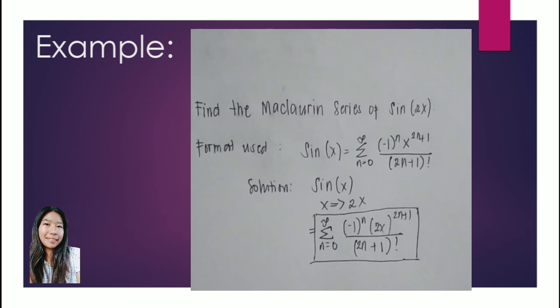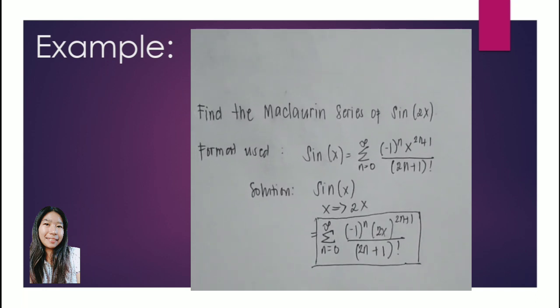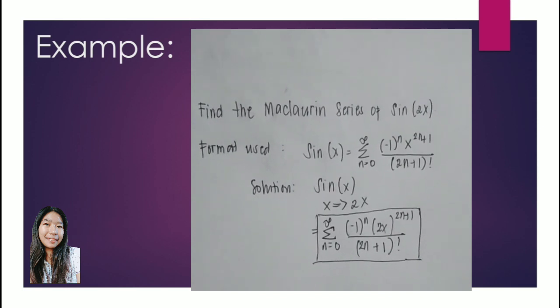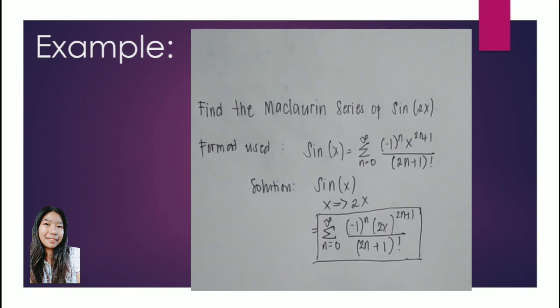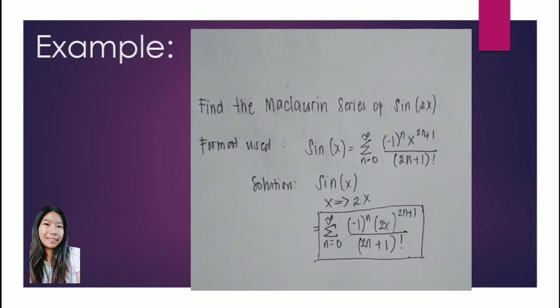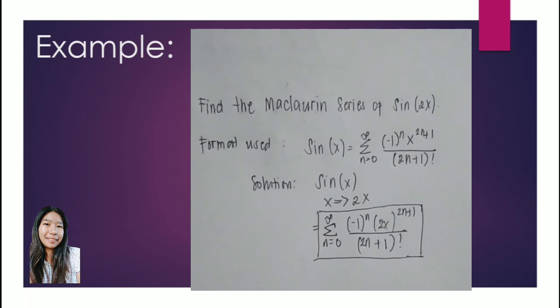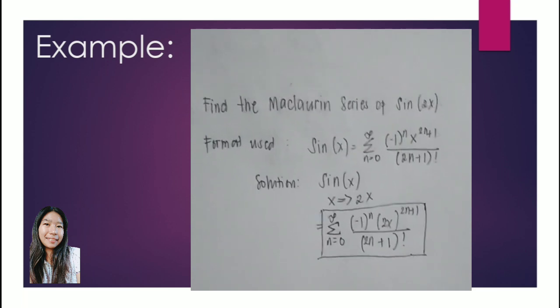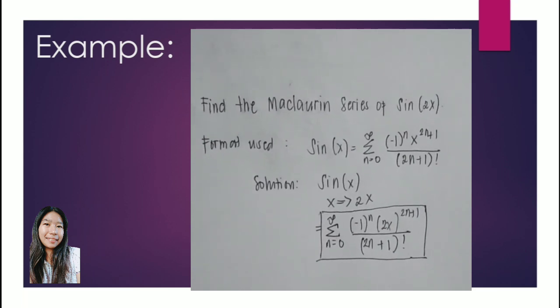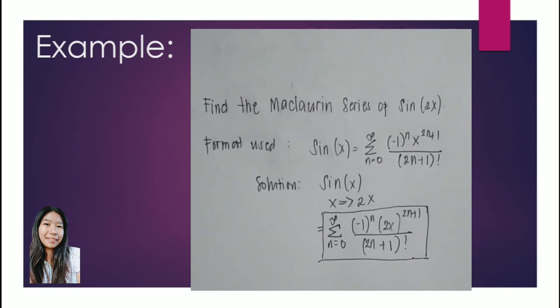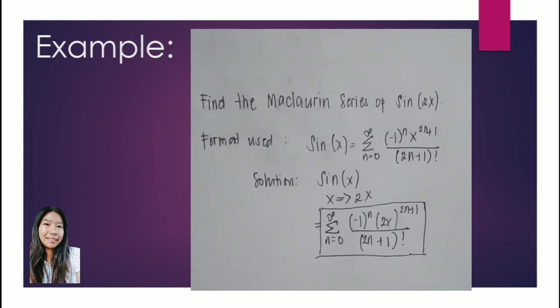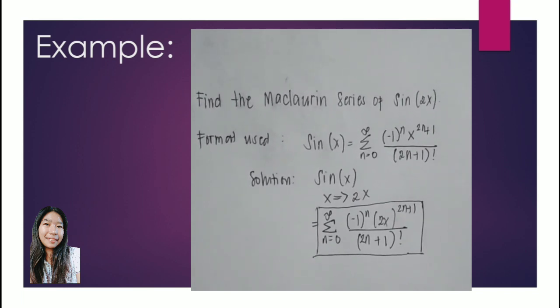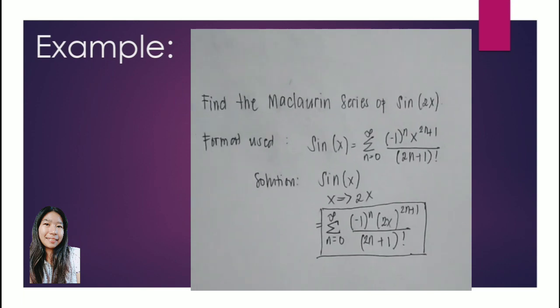We will substitute 2x for x. In doing so, our step 2 will become the summation from n equals 0 up to infinity of negative 1 raised to n, where x becomes 2x and all of it is raised to 2n plus 1, all over 2n plus 1 factorial. Well, this is enough already for the answer.